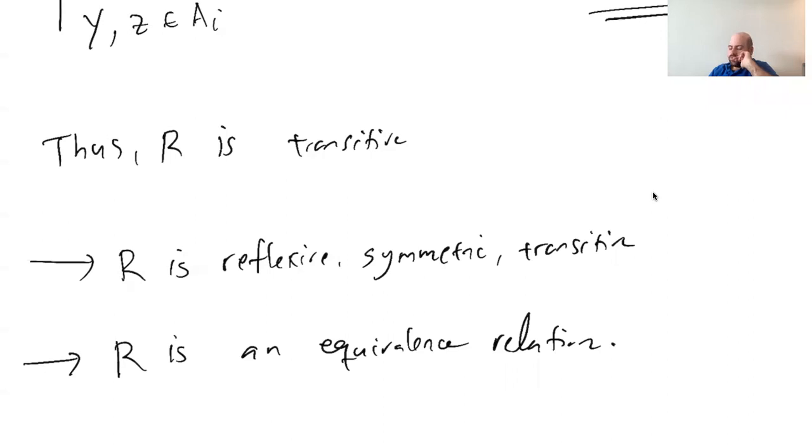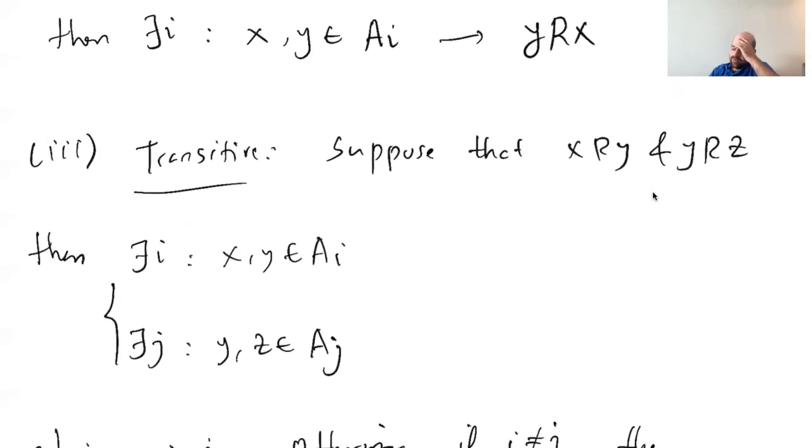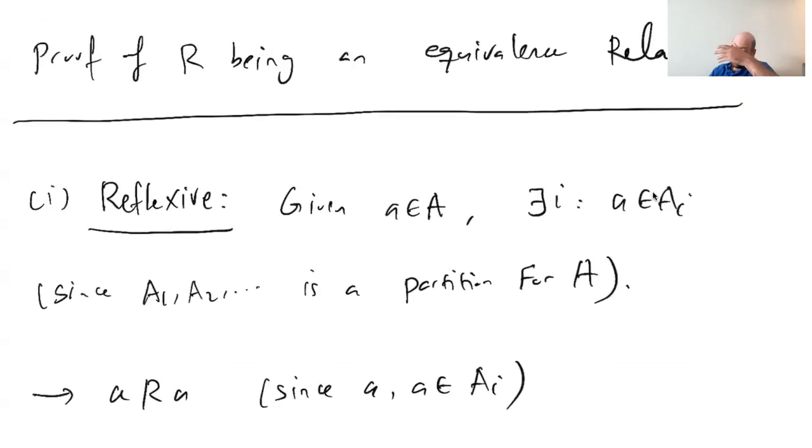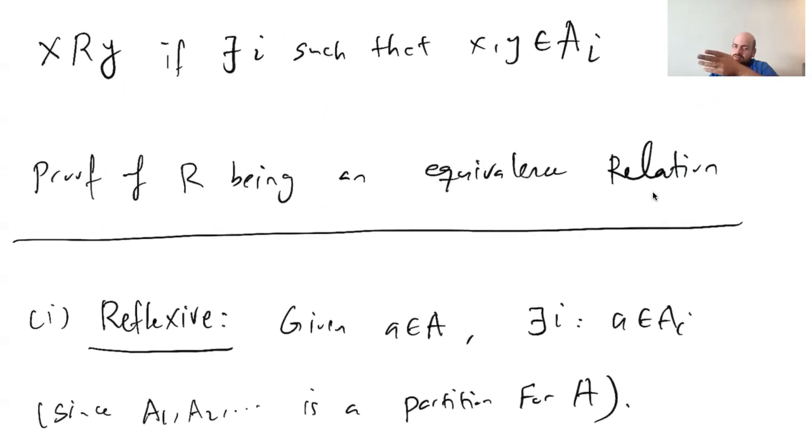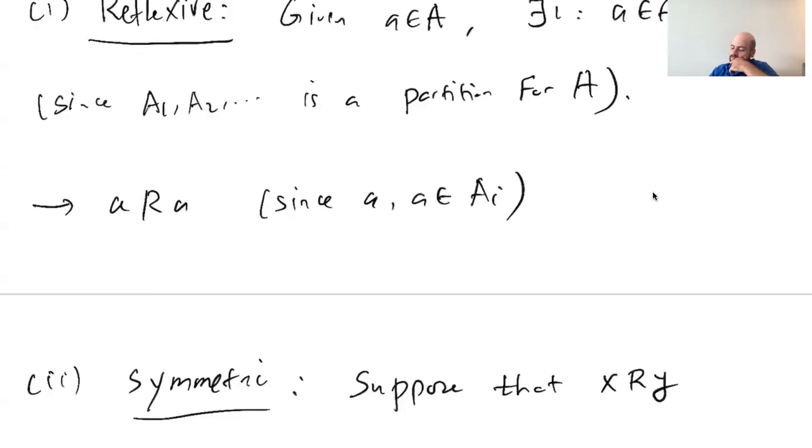Okay, so that's all we needed to show, that if we have a partition on a set, then we can define an equivalence relation on that set.